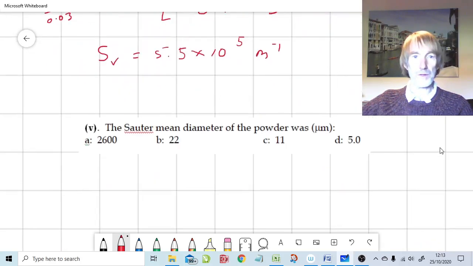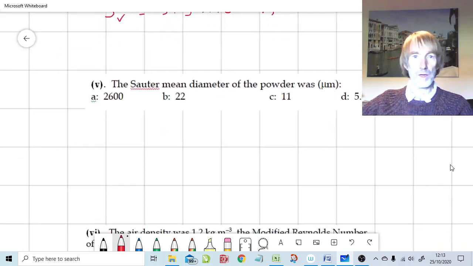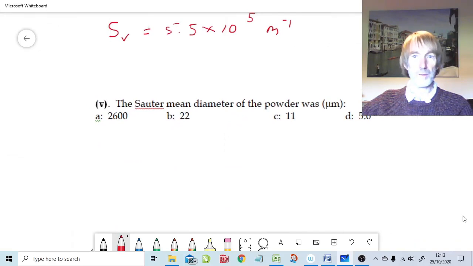So the next question is to obtain the Sauter mean diameter. And the Sauter mean diameter is the equivalent spherical diameter for a sphere that has the same specific surface area per unit volume as the distribution. So I'm going to use x for particle diameter again, but this is x with a space in the middle rather than the x that looks like a multiplication sign.